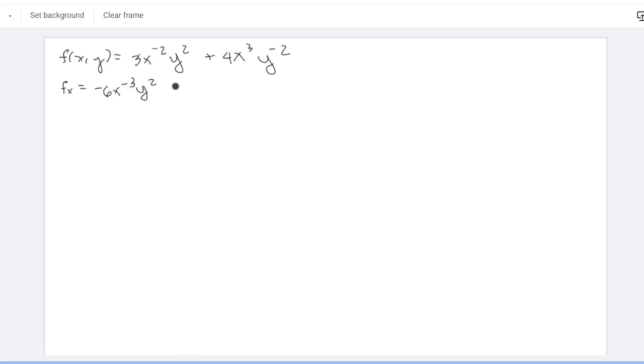Then okay, then fy. 6, since 4 times negative 2, so minus 8. Minus 8x cubed. And then y to the power.